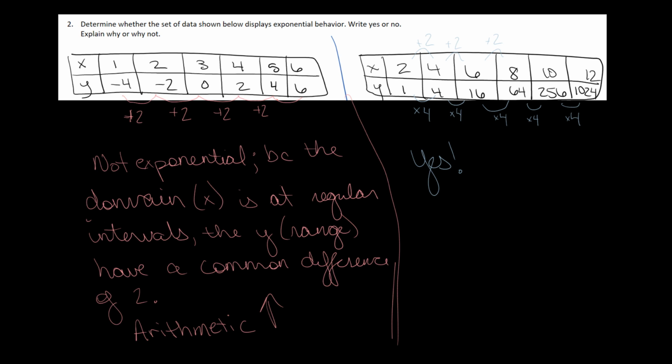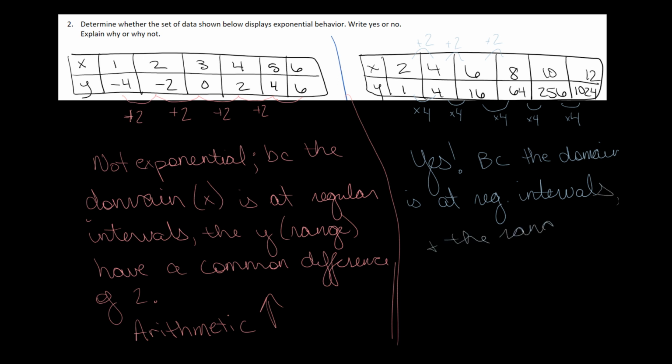So you can say because the domain, or x, is at regular intervals. You have to say that. I'm just going to abbreviate to keep it a little bit shorter: is at regular intervals and the range, or y, have a common factor of 4.